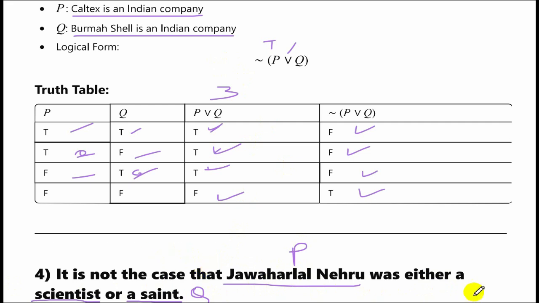So we write, let P: Jawaharlal Nehru is a scientist. Q: Jawaharlal Nehru is a saint. And then we say he is not. So not (P or Q).